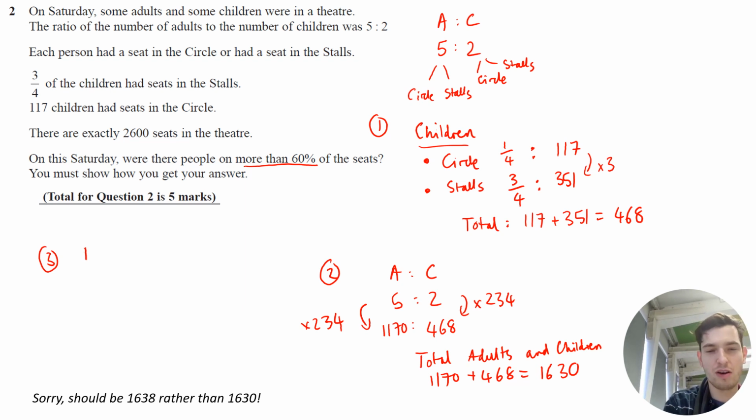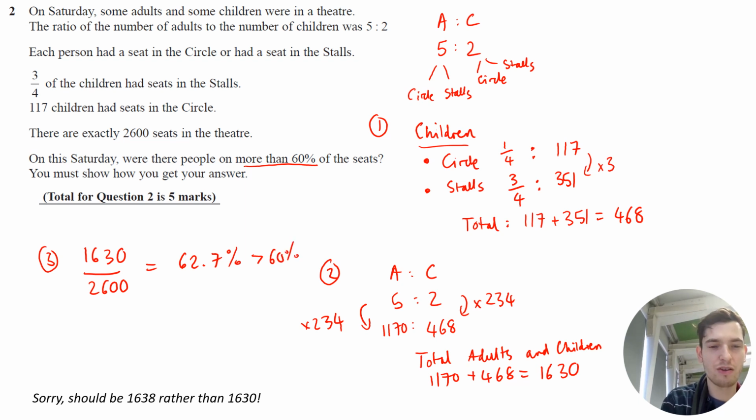So I know that there were 1,630 seats out of 2,600, and that's going to give me my percentage of seats that were occupied, 62.7%. That is more than 60%.